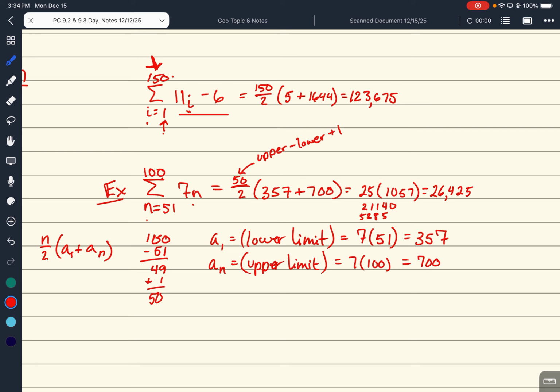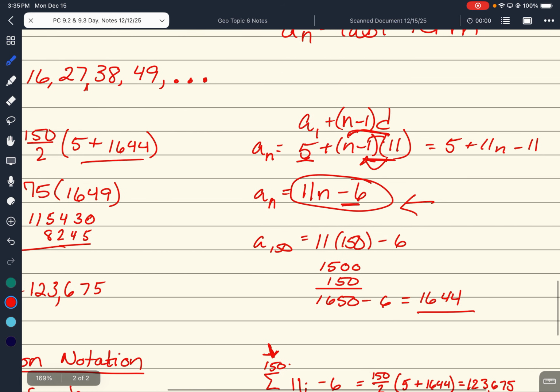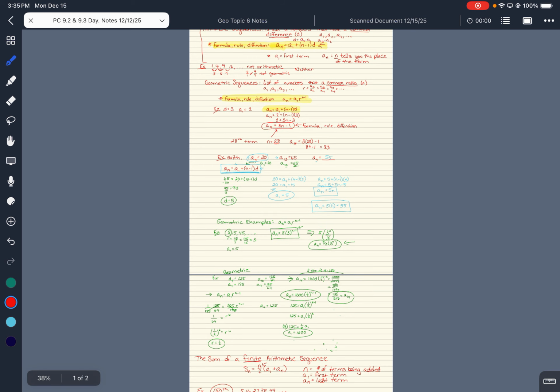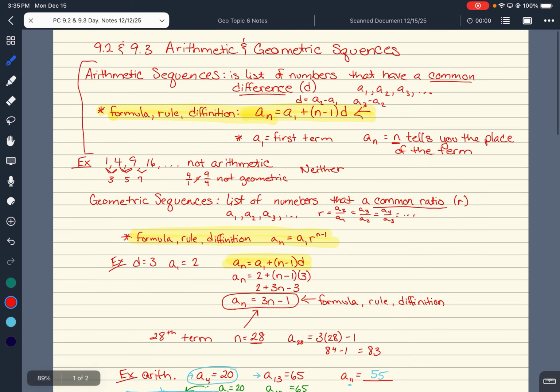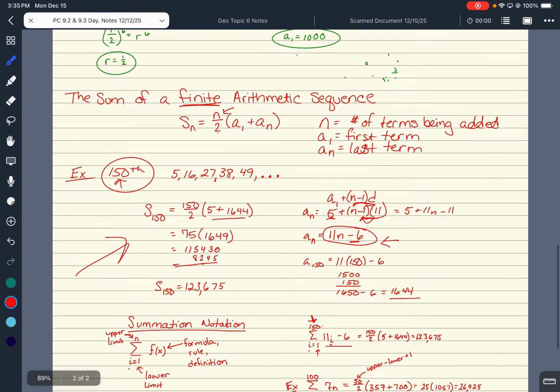Okay, so then we got 2 more formulas. So far, in the 2 days of notes, you should have the definition and rule of an arithmetic and then of a geometric sequence, right?